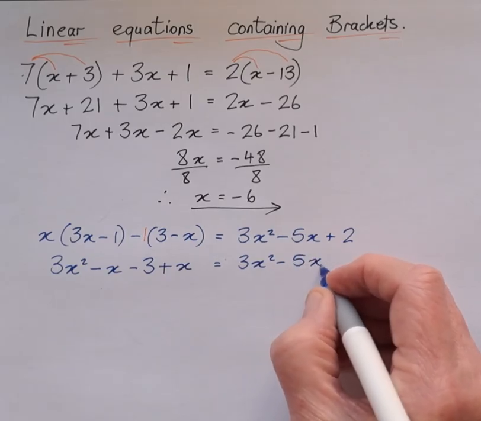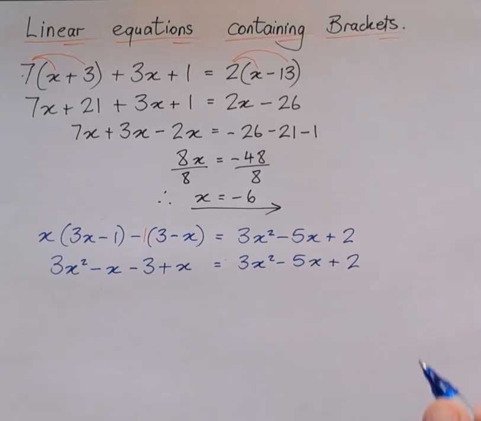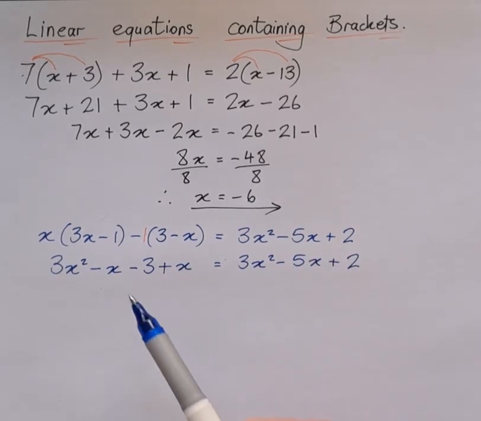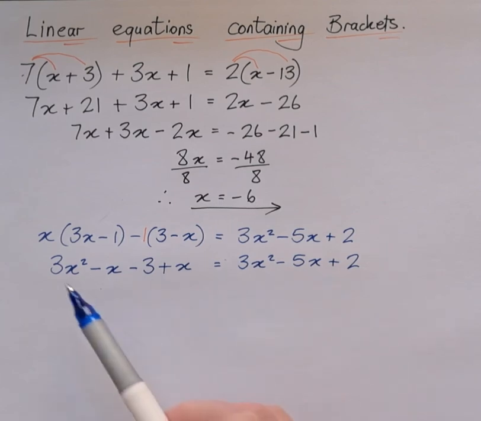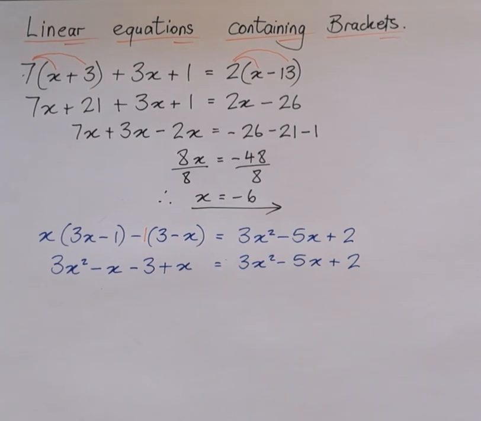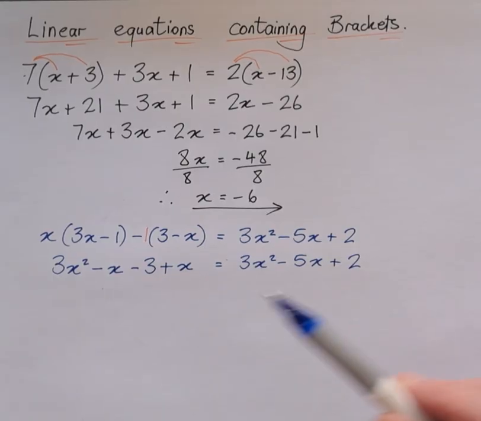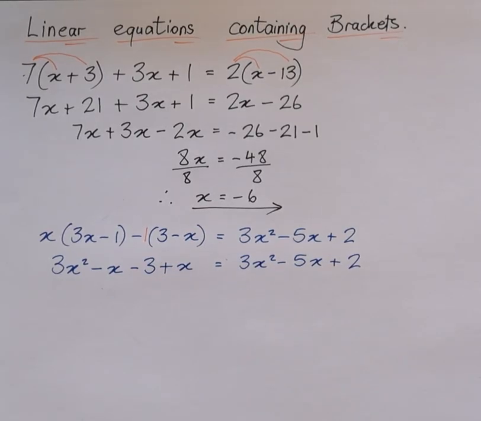And now we see something else emerging that we haven't had before, and that is where we don't just have x terms, but we also have x squared terms. Now, depending on where you are in your mathematics studies, you'll know that when there's x squared terms, we're looking at a quadratic equation. But let's see what's going to happen here as we put variables on the one side and constants on the other.